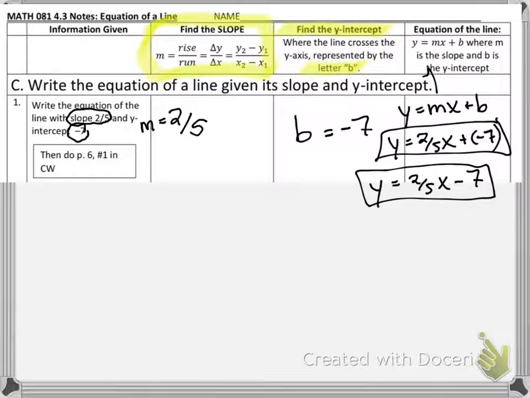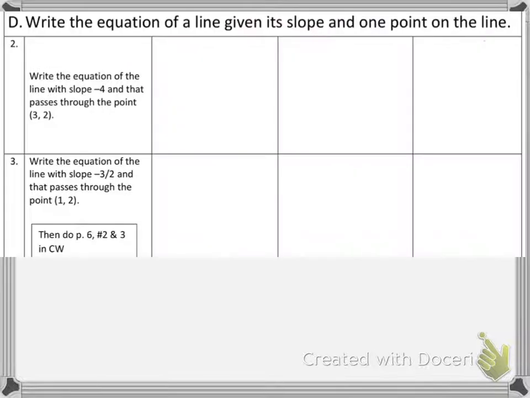So let's try another example where we actually have to do a little bit more math to get to our equation. In this example, we're asked to write the equation of a line with a slope of -4. Notice we're not given the y-intercept, we're just given the fact that this line passes through the point (3, 2). So we need the slope of the line, and m is equal to -4.